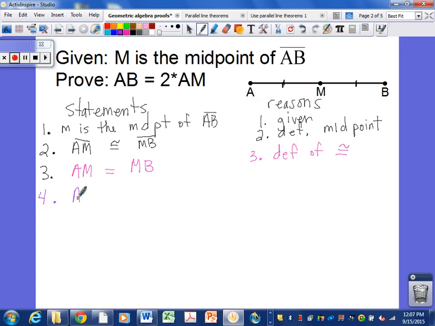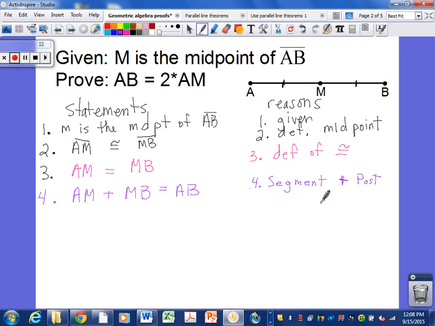The length of AM plus the length of MB equals what? A to B. Okay? What is that called where we can add up segments and they equal the entire length? The segment addition postulate, which is why it's addition, right? We don't have a segment multiplication postulate or a segment division postulate. We have a segment addition postulate, which is why it's a plus and not a direct multiplication. Segment addition postulate.